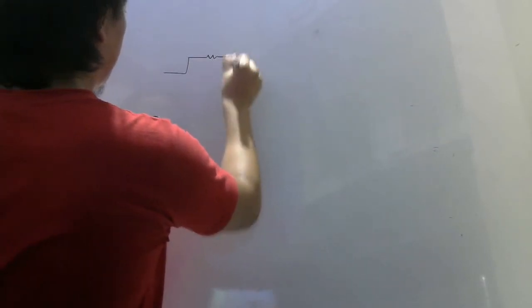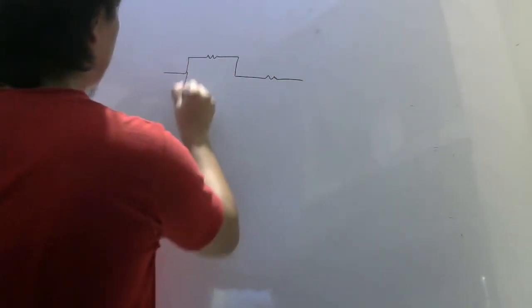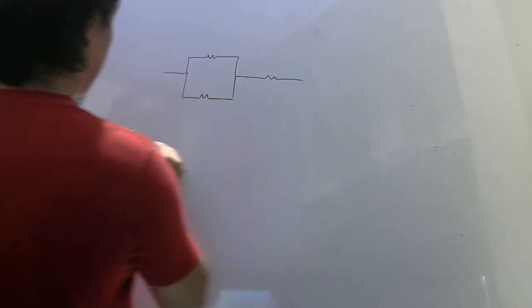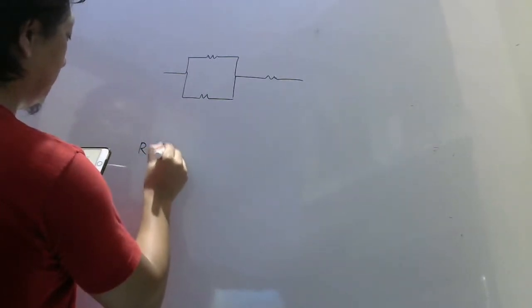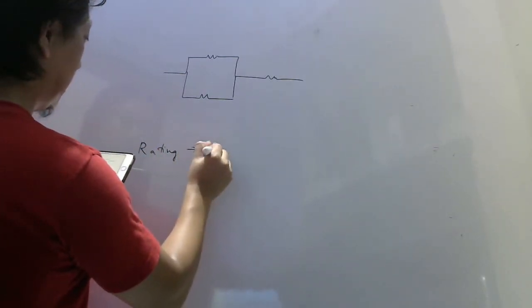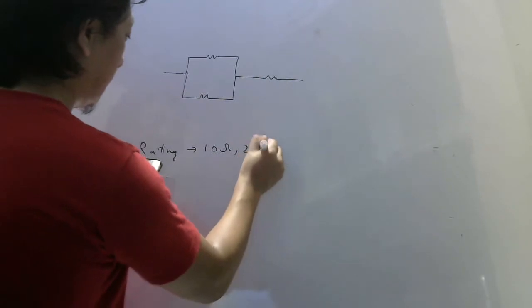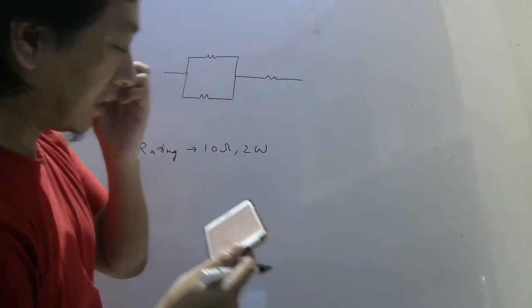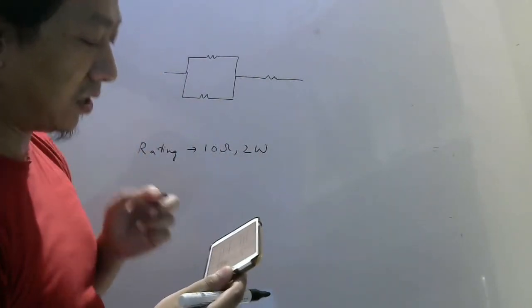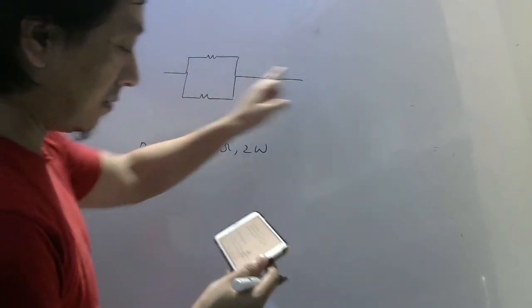This time they have given you the resistance. One resistor here, one resistor here, one resistor here. Rating is 10 ohm, 2 watt.